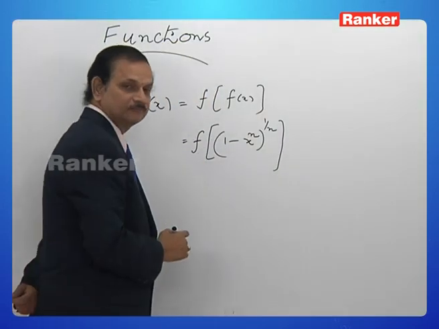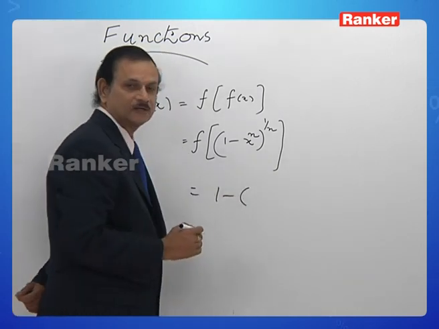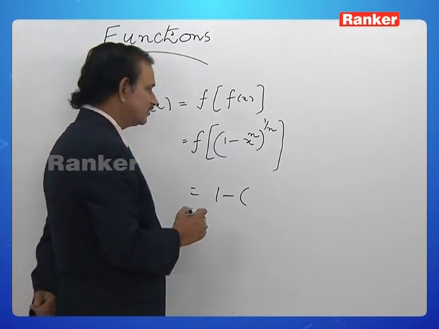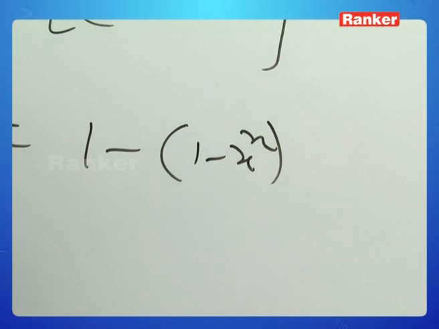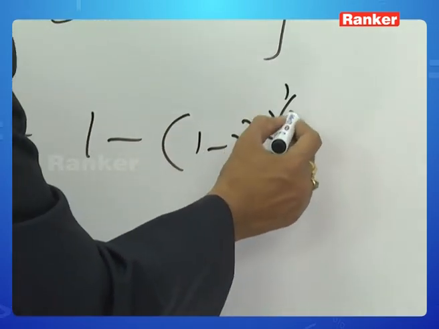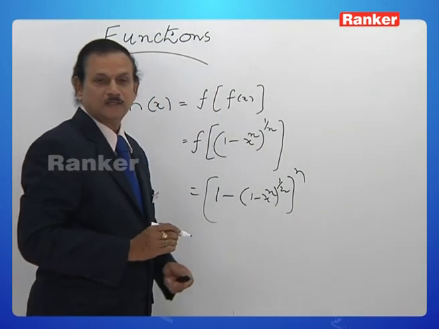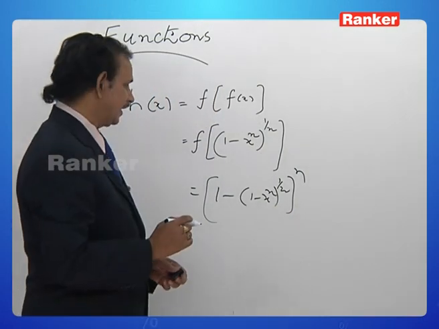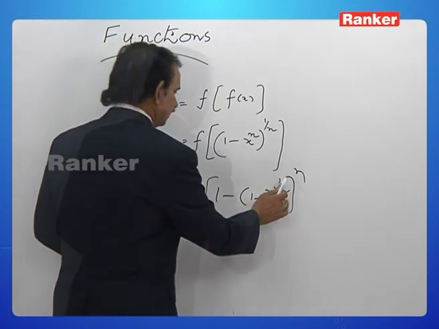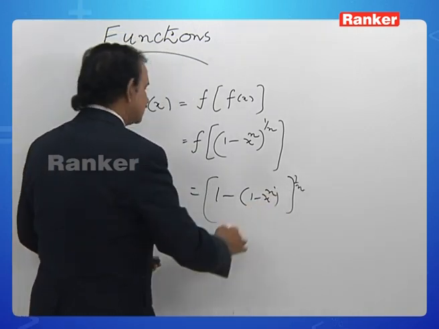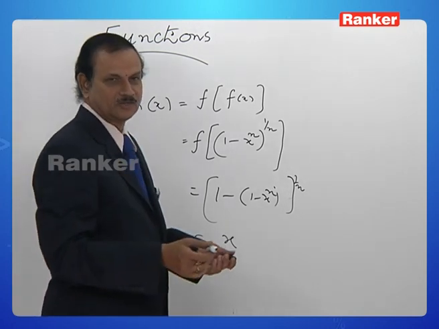So f of f of x can be 1 minus, in the place of x, (1 minus x power n) whole to the power of 1 by n, whole to the power of n, whole to the power of 1 by n. Inside we have 1 minus of 1 minus x power n. This is x. H of x is equal to x.